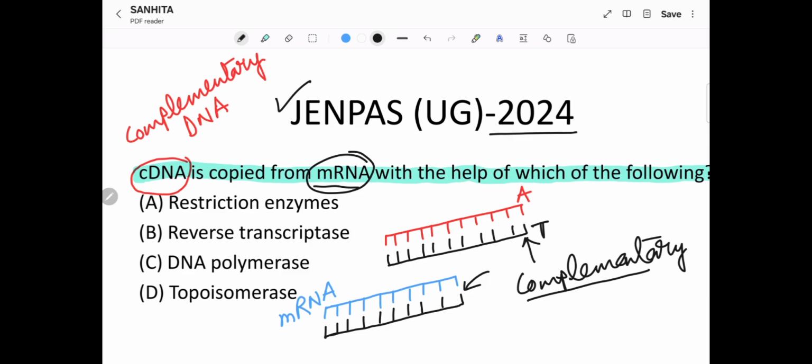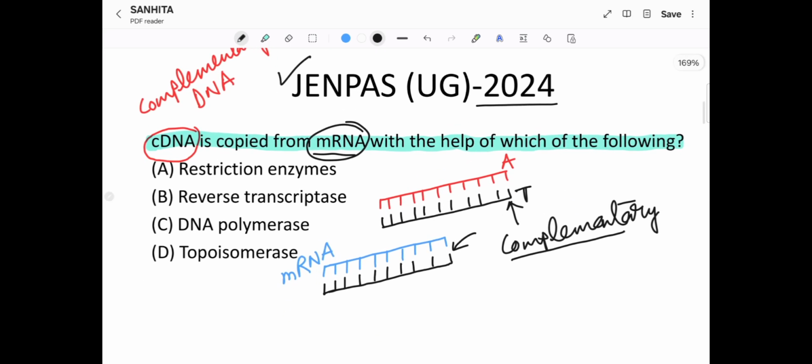That is the question. Now, in molecular biology, these enzymes are really very important, and they play a very crucial role, right? And they are specific for a specific type of reaction. Restriction enzymes, reverse transcriptase, DNA polymerase, topoisomerase, they all play separate important roles.